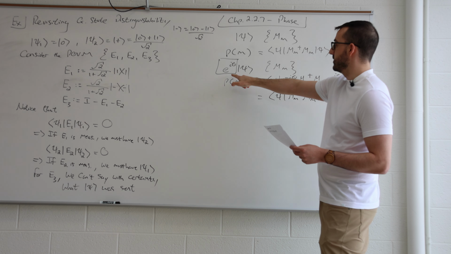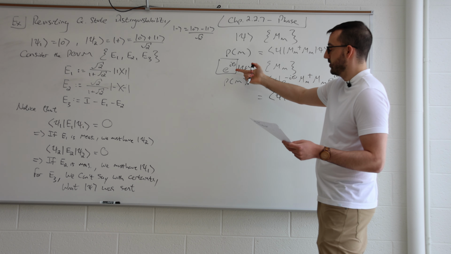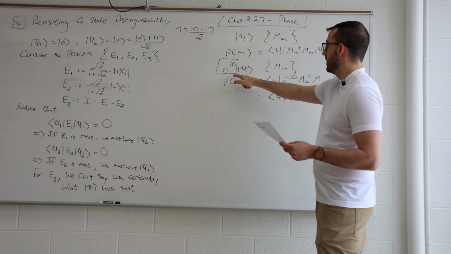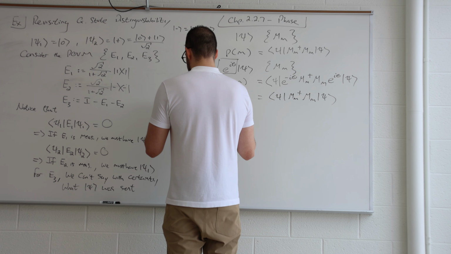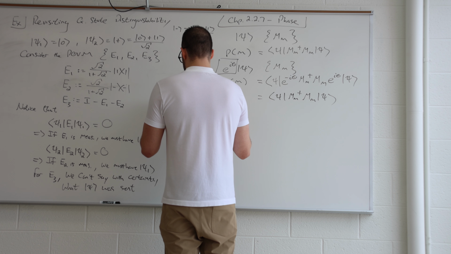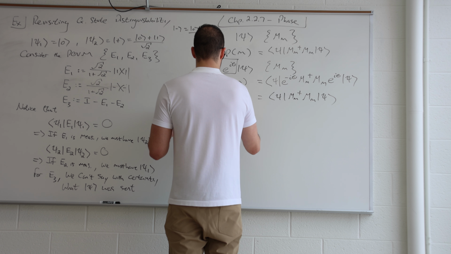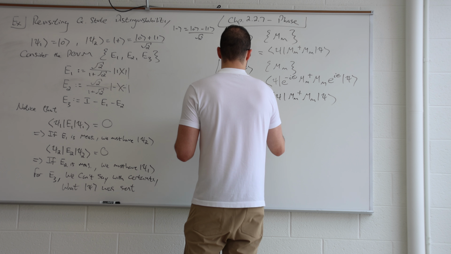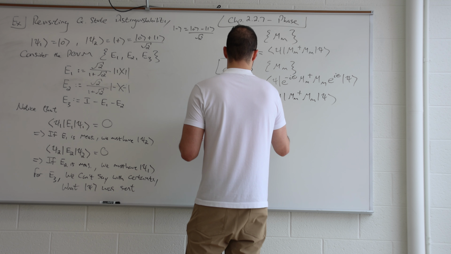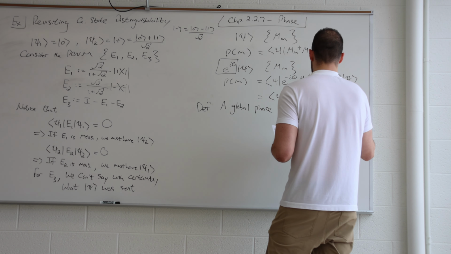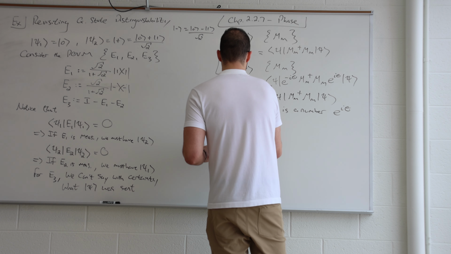It's a complex number with unit norm, with size 1, that is in front of the state. So definition: a global phase is a number e to the i theta in front of a state.